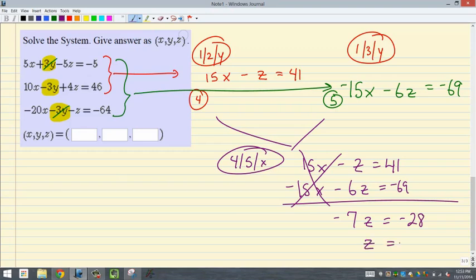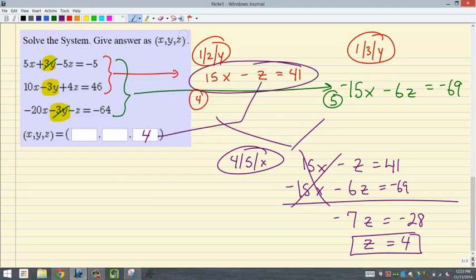So z equals 4. Now that you have z equals 4, back substitute into one of the equations in the previous step. Probably this one right here. So take this 4 and back substitute it. So 15x minus 4 equals 41. So now we have x.